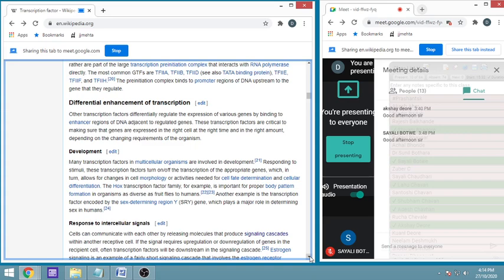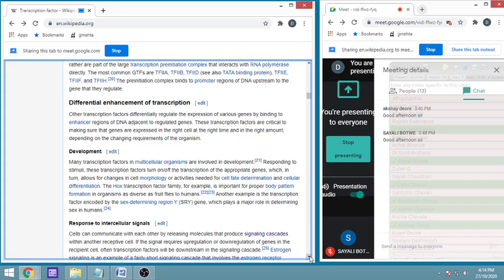So, other transcription factors differentially regulate the expression of various genes by binding to enhancer regions of the DNA which are adjacent to the regulated genes. And these transcription factors are critical to make sure that the genes are expressed in the right cell at the right time and in the right amount, depending on the changing requirements of the organism.